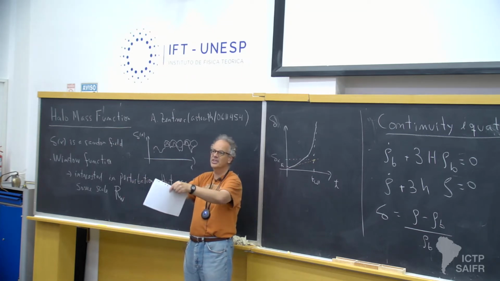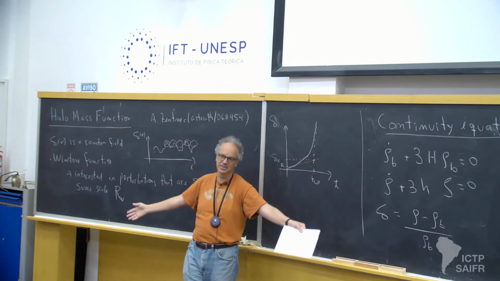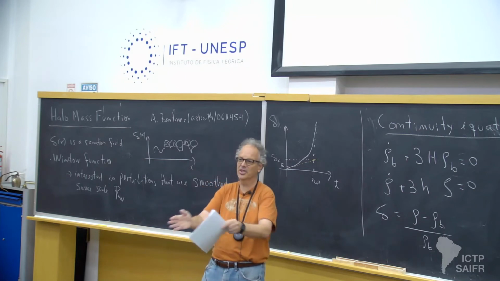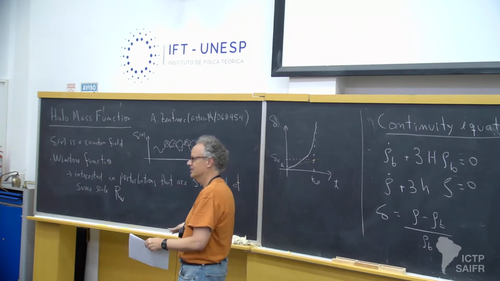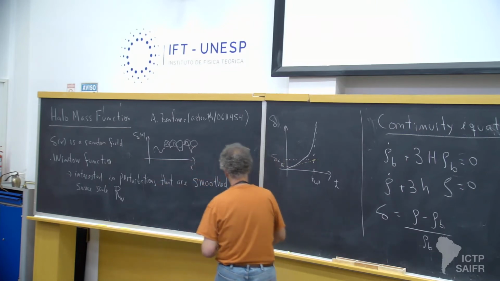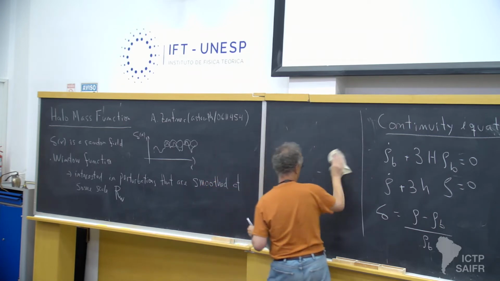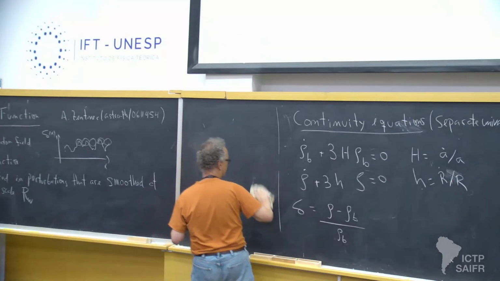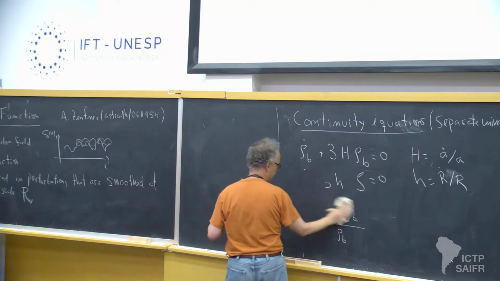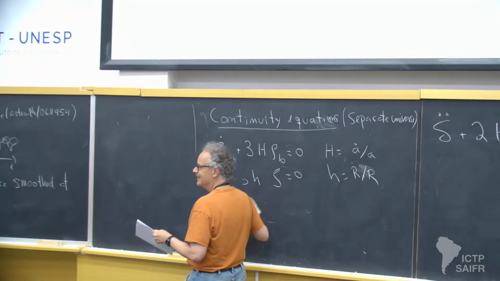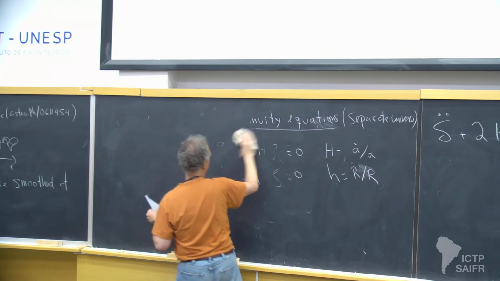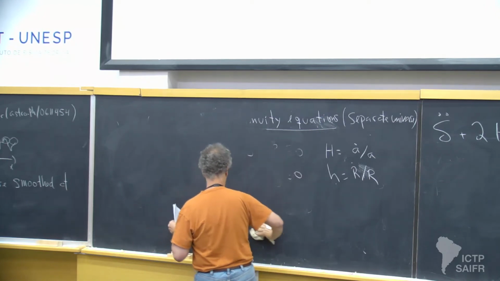If you go to the universe and look at very, very large scales, the universe is homogeneous. If you look at small scales, the universe is not homogeneous. This gives you an intuition that the larger the smoothing scale, the smoother the universe, or the perturbations, that you're looking at.